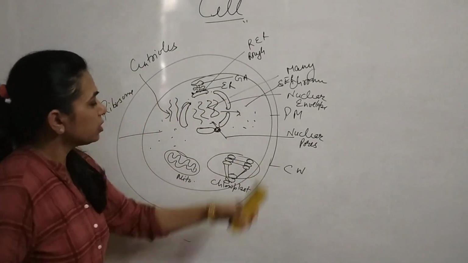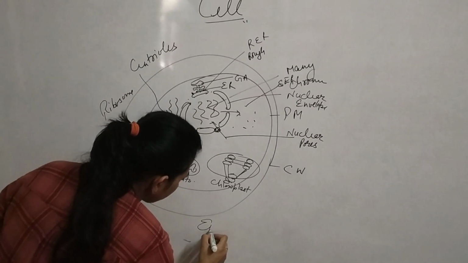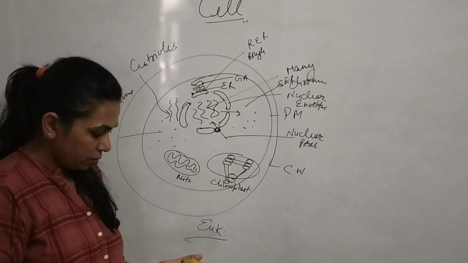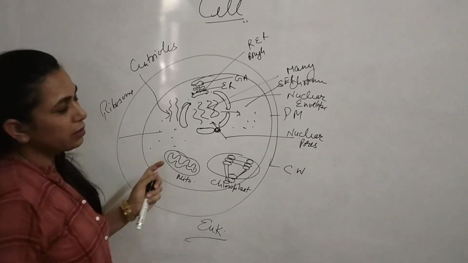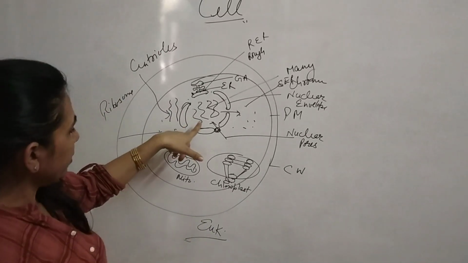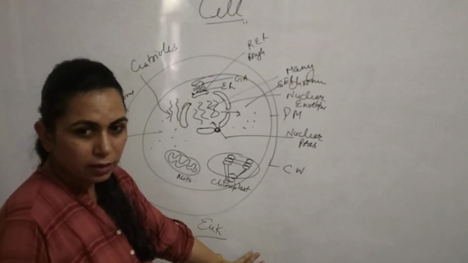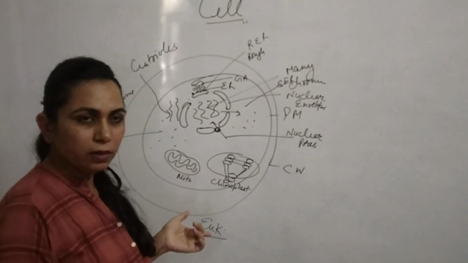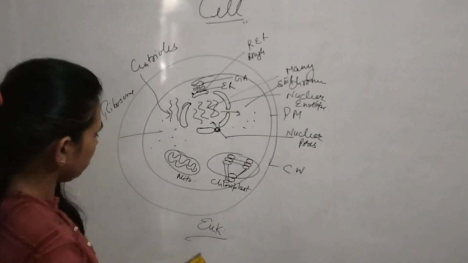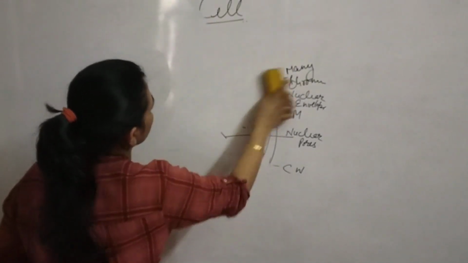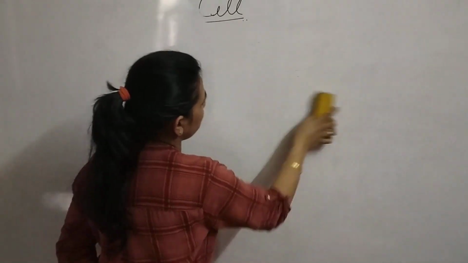These are the various structures which are present in the eukaryotic cell. So, basic differences of nucleus, then membrane bound organelles, then chromosome, and then division. Clear? Thank you.